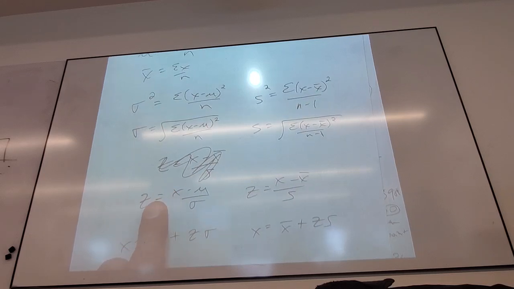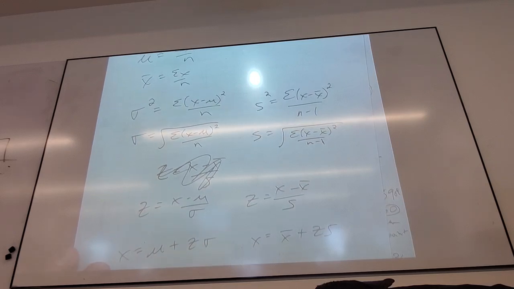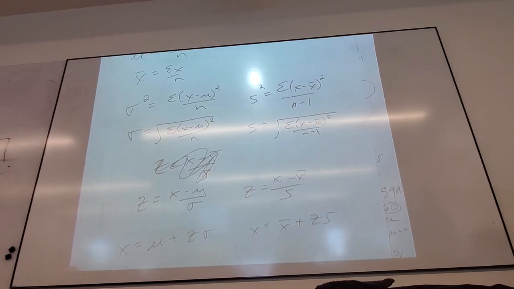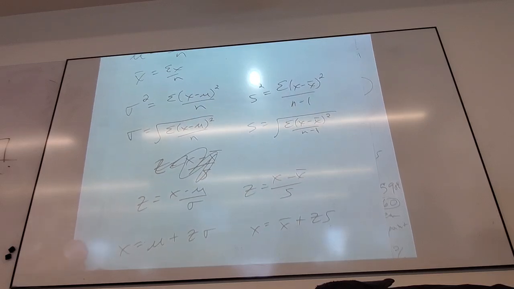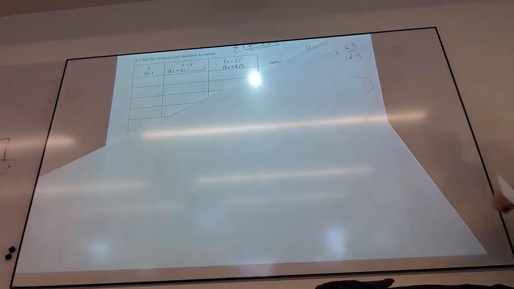The z-score measures how many steps from the mean to a data point, in standard deviations. Write these down as we go. So everybody got these? Yes.